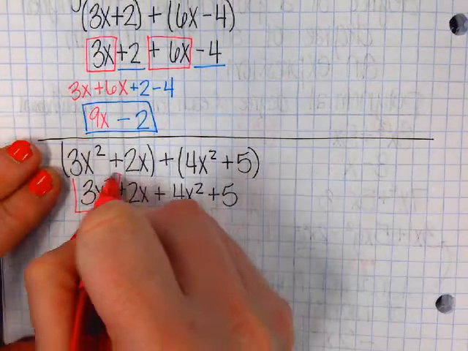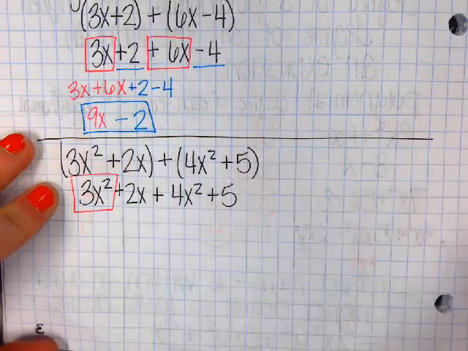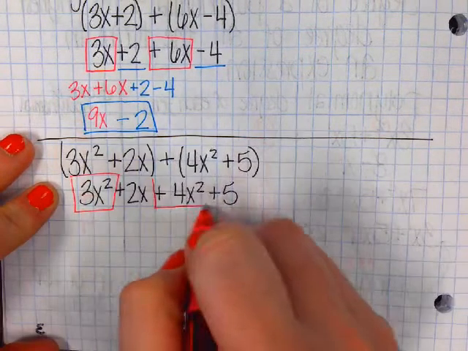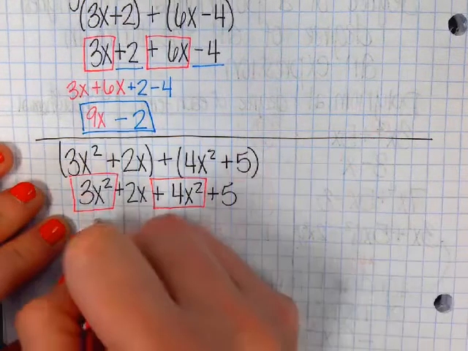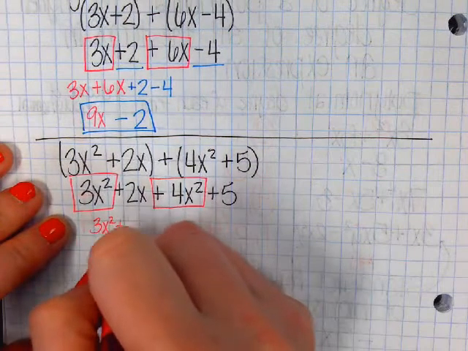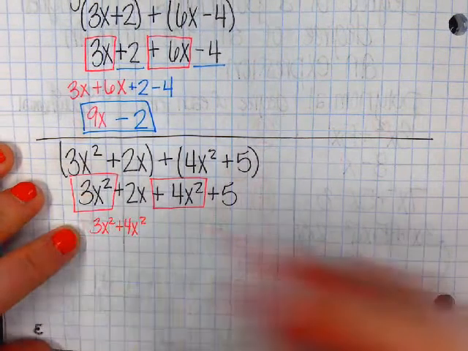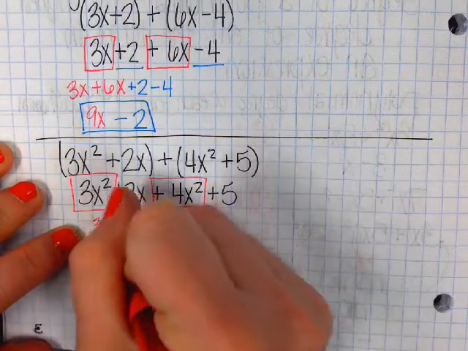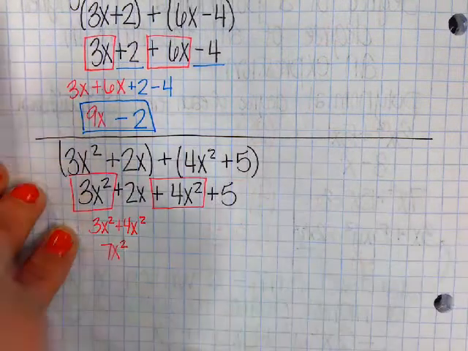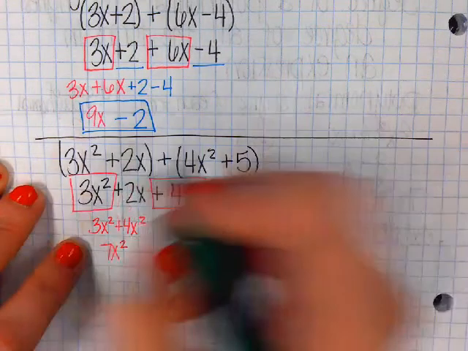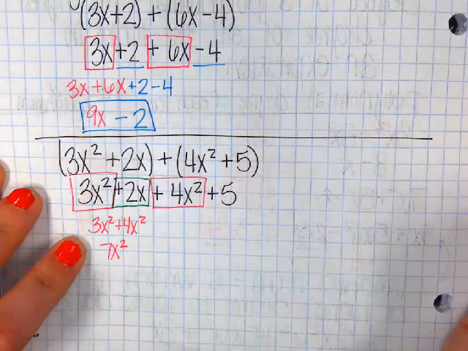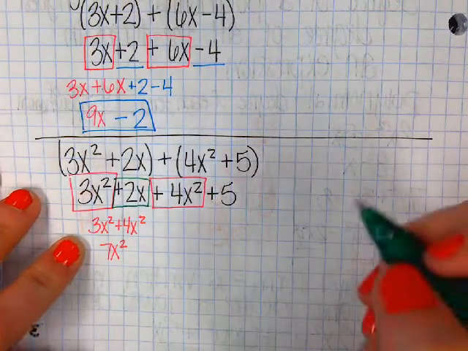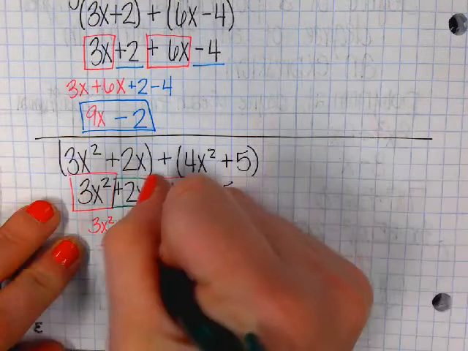Okay, so I have a 3x squared. What can I combine 3x squared with? 4x squared. So what is 3x squared plus 4x squared? 7x squared. Okay, can I combine a 2x with anything else?